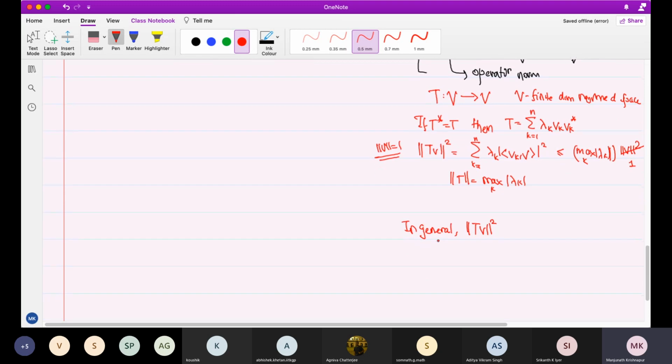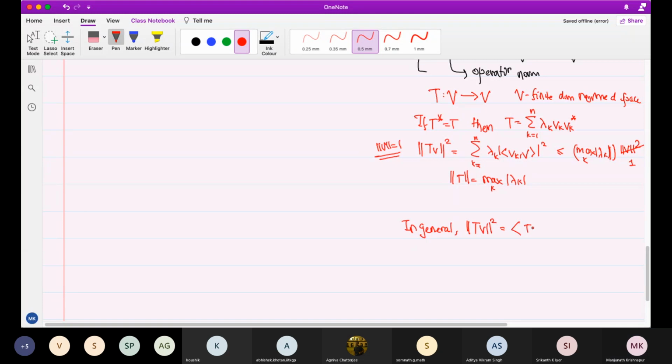Can I write something in terms of eigenvalues and eigenvectors? Yes, because this is the inner product of TV with TV, which is the inner product of T star TV with V. And so norm TV squared is less than or equal to norm T star TV times norm V.